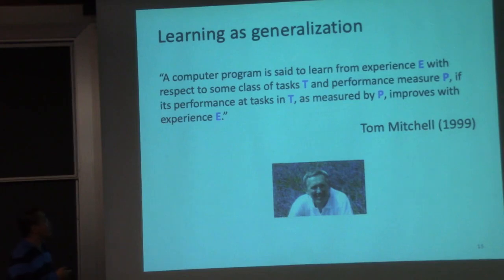He defines that a computer program is said to learn from some experience E with respect to some class of tasks T and performance measure P, if the performance of the computer program at the tasks in T, measured by P, improves with experience E.